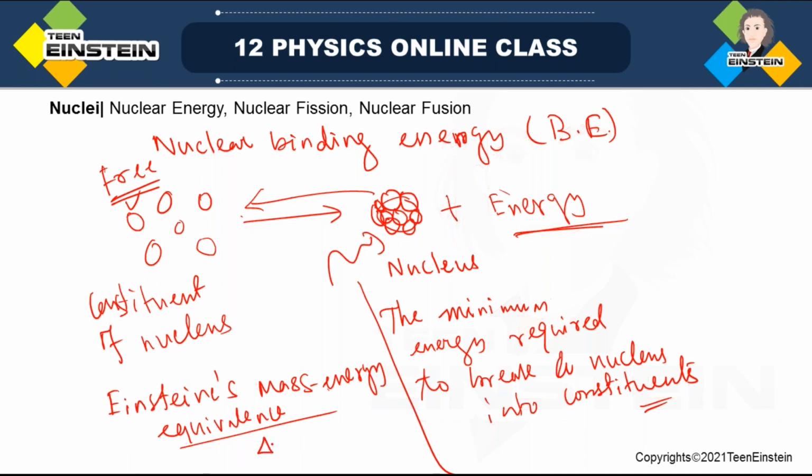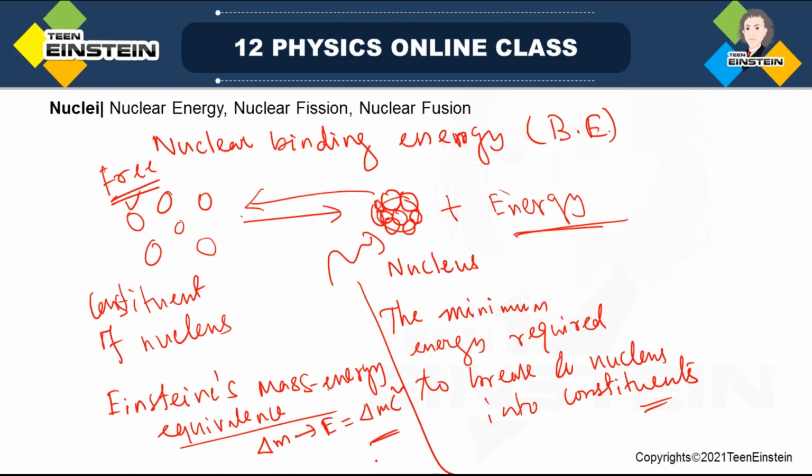What is that? If some amount of mass, suppose delta m, disappears, it gets converted to an equivalent amount of energy, and that can be written as E equals delta m times c squared. In his special theory of relativity, he stated that.